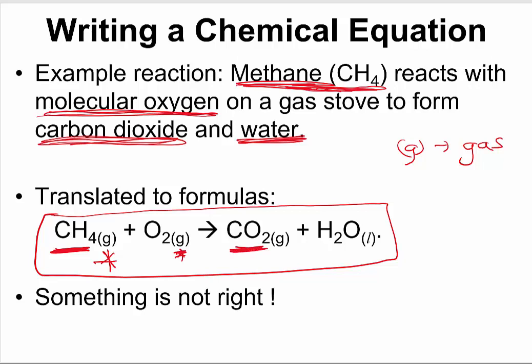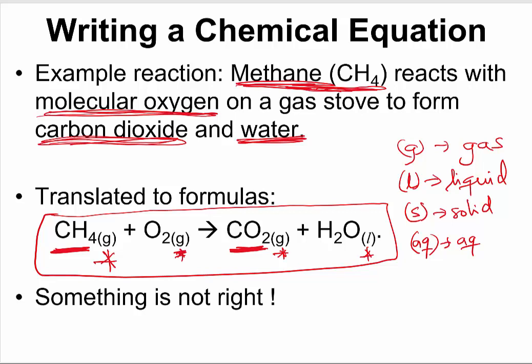Carbon dioxide, which is also a gas, and water, which is a liquid. So the L in the parentheses is a liquid. On the other hand, if you have S in the parentheses, that means you're dealing with a solid. And if you have AQ in the parentheses, that means you're dealing with an aqueous solution, which means that something has been dissolved in water.